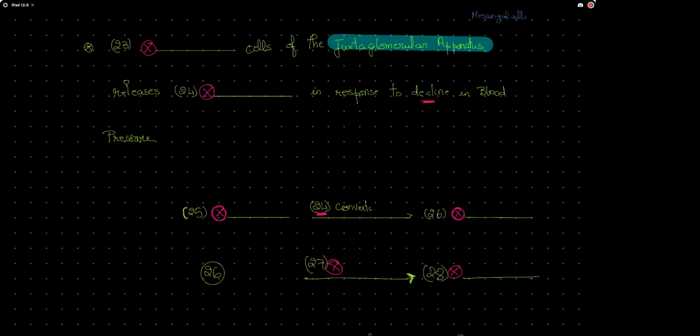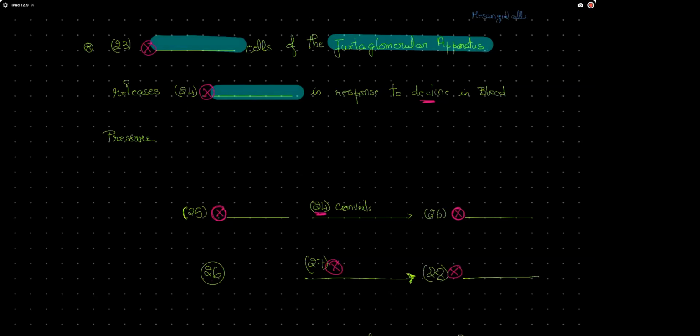One of them is going to be releasing a hormone. So I'm asking here about the name of the type of cells of the juxtaglomerular apparatus, and what is the name of the hormone that gets released in response to a decline in the blood pressure? This is for number 23 and 24.